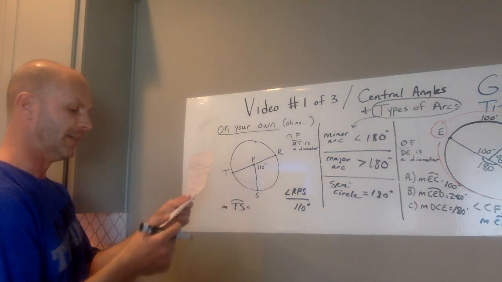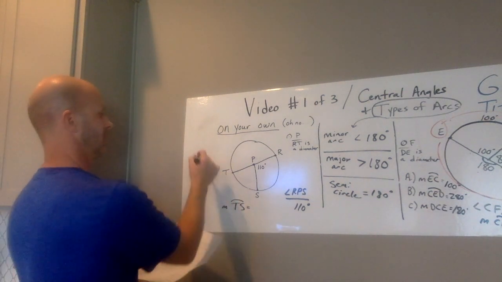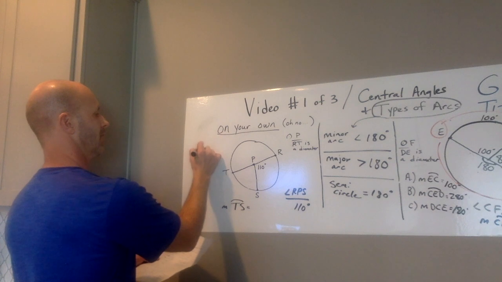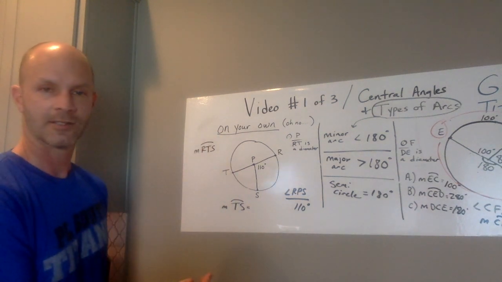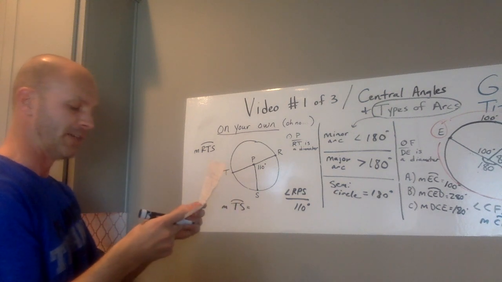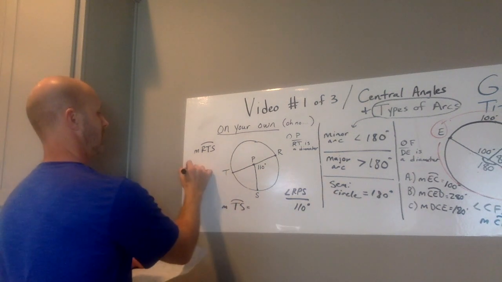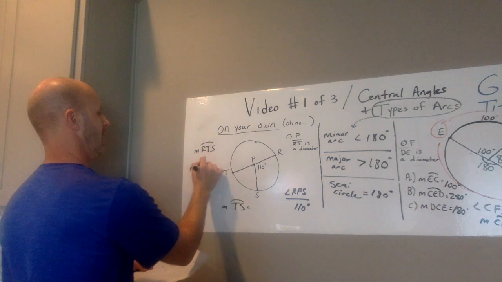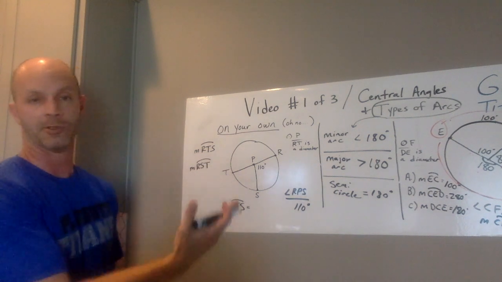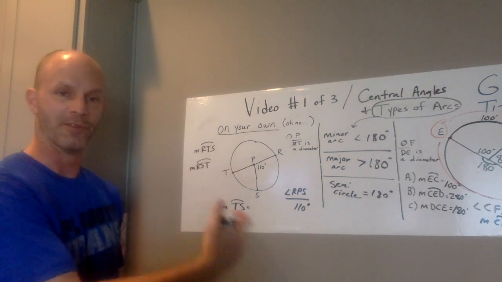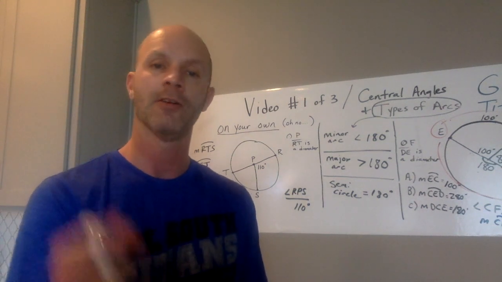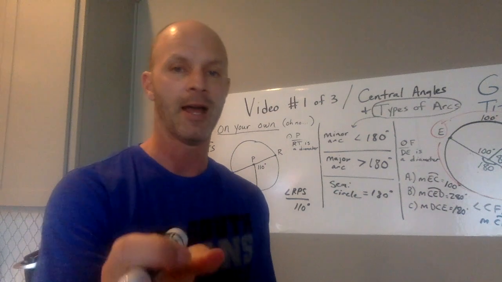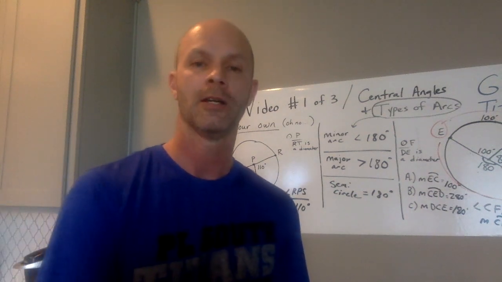I also want to know what is the measure of RTS, and then the last one, I want to know what is the measure of RST. And I also want to know what type of an arc both of them are. So one more time, we're going to hit pause on the video, answer these, and come back, and we'll make sure that everyone has all the right answers.